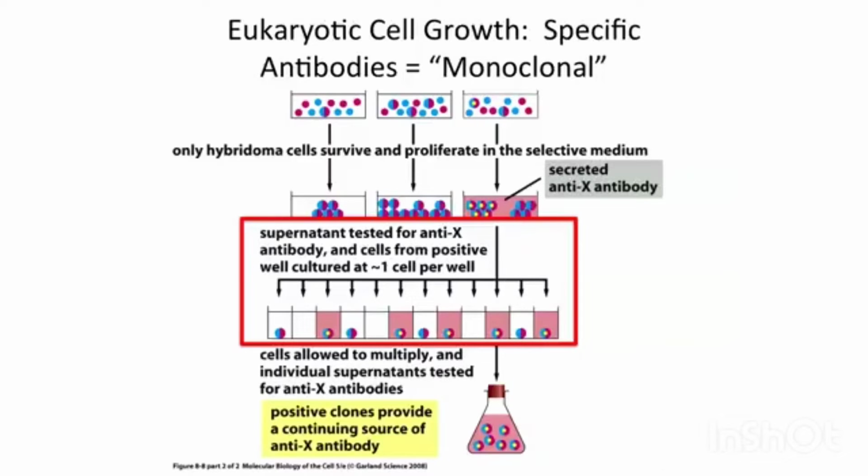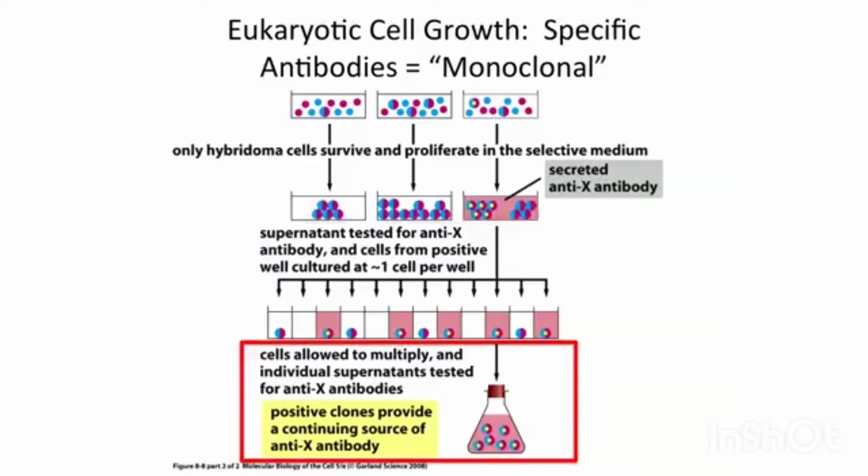There'll be a subset of those wells. You can take those cells and test them for the antibody that you want. And when you get the positive results, you can take that original clone and grow it up repeatedly to provide a continuing source of a highly specific antibody.